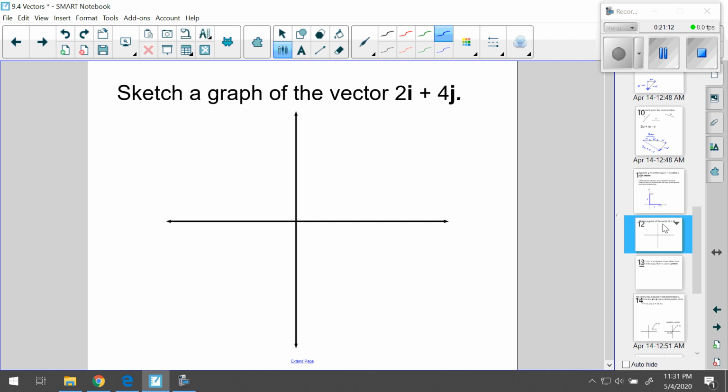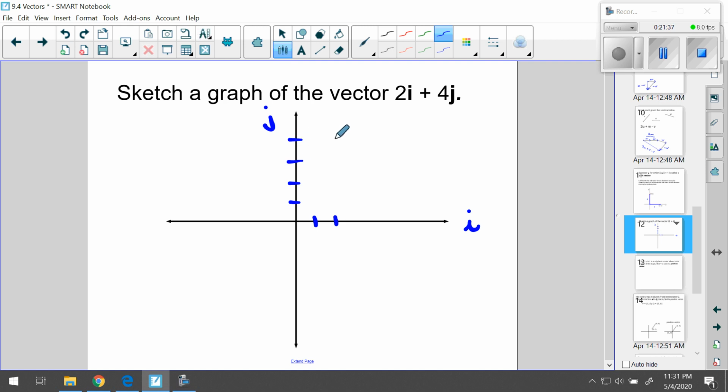If I wanted to quickly sketch a graph, what does the vector 2i plus 4j look like? This is how we're often going to show vectors algebraically, using i and j. If i is along the positive x-axis and j is along the positive y-axis, to graph this vector I would just go over 2 units to the right and then up 4 units.